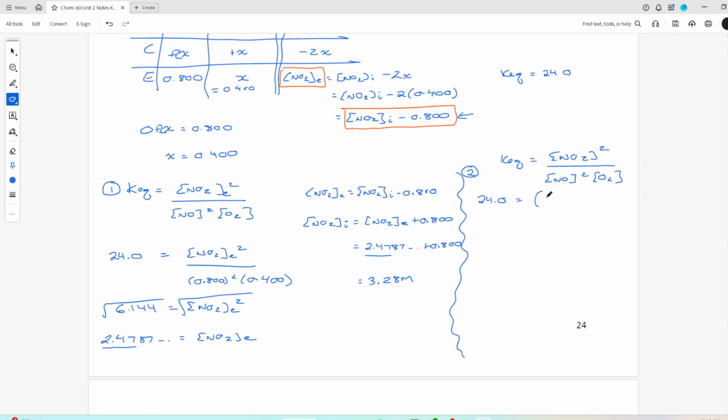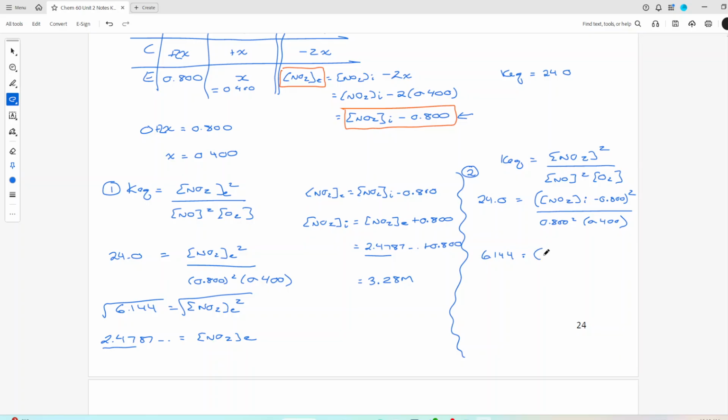So I'm going to put in the concentration of NO2 initially minus 0.8 squared divided by, then I know the concentration of NO is 0.8, and I know the concentration of O2 is 0.4. So then when I do this math, I'm going to do again 24 times 0.8 squared times 0.4, which gives me that same 6.144.